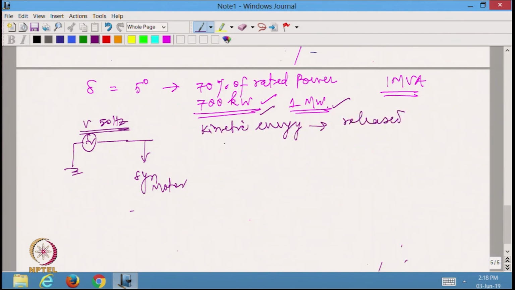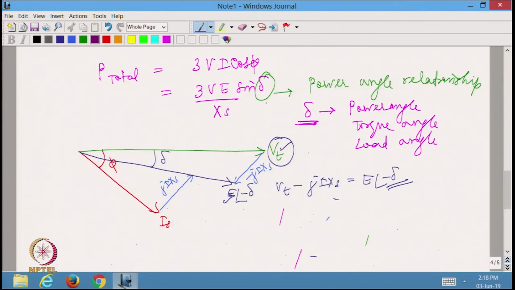When this is released, speed is going to decrease. So, omega m, the mechanical speed, is going to decrease. Because the speed decreases, now please look at the phasor diagram. This corresponds to the rotor, whereas this corresponds to the stator.